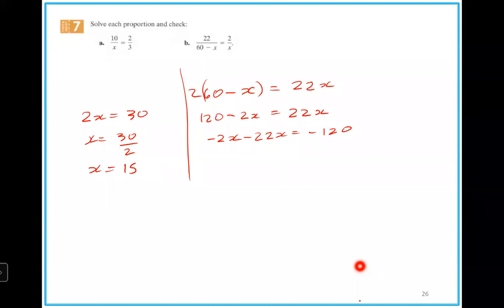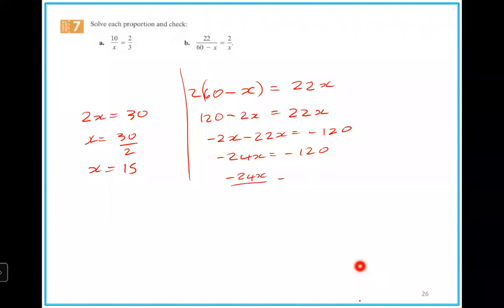And then that would be negative 24x is equal to negative 120. And then you say 24x over 24 is equal to 120 over 24.